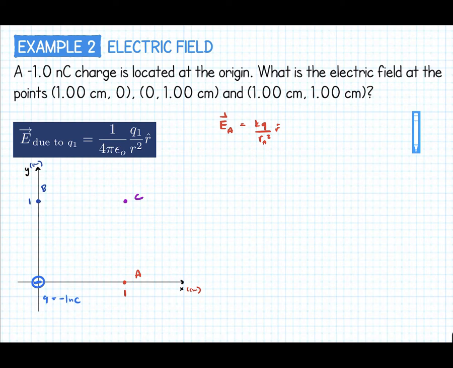So it would be attracted to the negative charge. So we know our electric field is going to point in towards the electric charge. So this is EA. So that's the direction that we're dealing with. We also know that our distance, which we'd call RA, is 1 centimeter, okay?